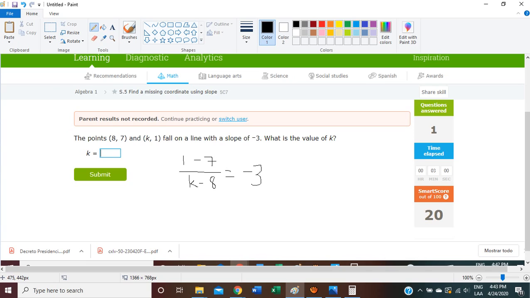Okay, so I can solve this. 1 minus 7 equals negative 6 divided by k minus 8 equals 3.